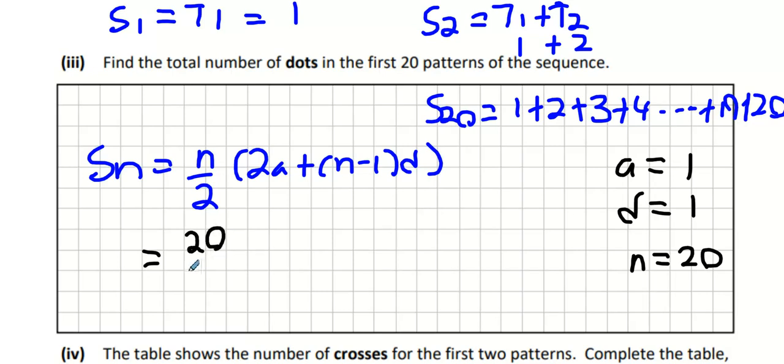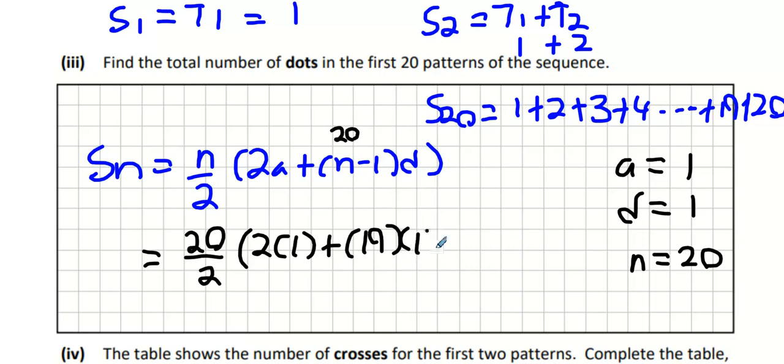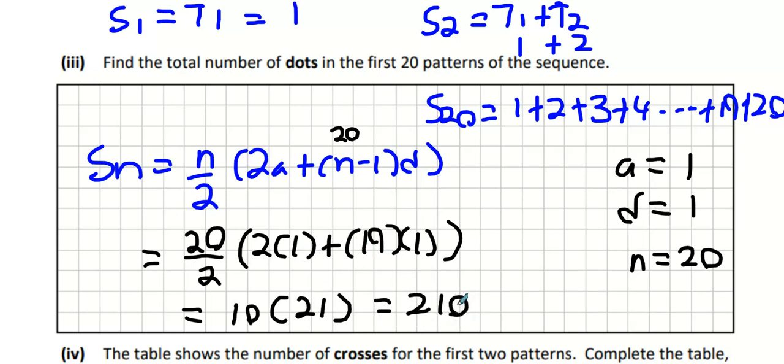So it's going to be 20 divided by 2 times 2 times 1, and then 20 take away 1, times 1. That's a lot quicker though, isn't it? Then just throw all that into the calculator. I'll simplify that to 10 and that to 21 because that's easy. And then 210. It's a lot easier than adding up all 20 numbers, isn't it?